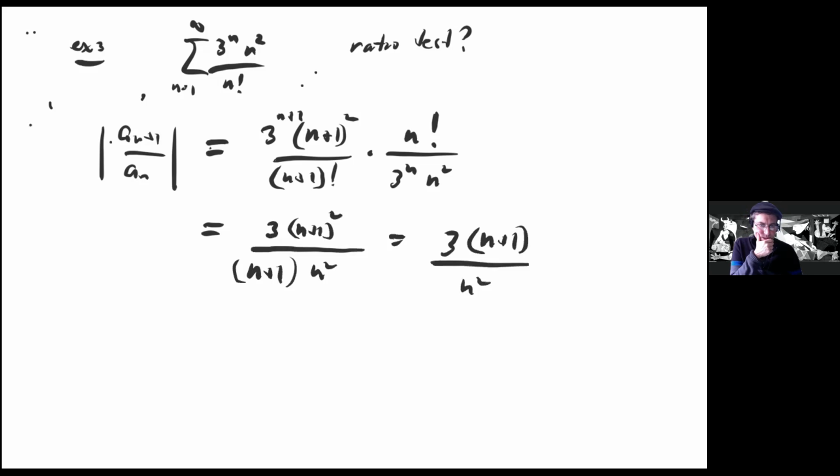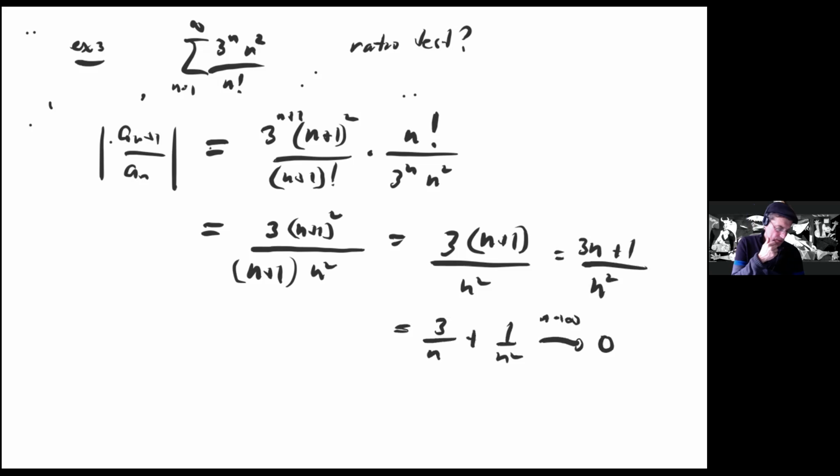Now what happens to the limit as n approaches infinity? Let's rewrite this as 3 times n plus 1 over n squared, which is the same as 3 times the quantity 1 over n plus 1 over n squared. And this tends to 0 as n goes to infinity. So the ratio is actually 0.